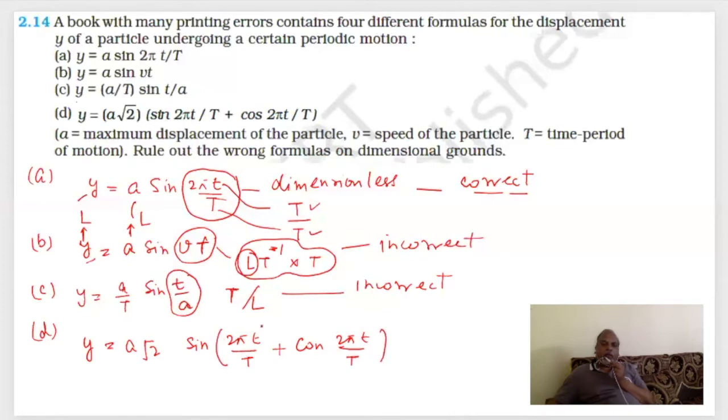Here the argument is dimensionless because t upon T, no problem. t upon T again, no problem. Here it is L and here also it is L. So L is equal to L. That means this equation is correct. So based on the principle of homogeneity of dimensions, we can find out whether the formula is correct or incorrect.